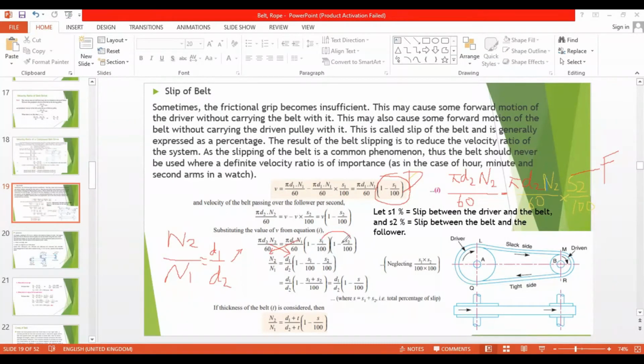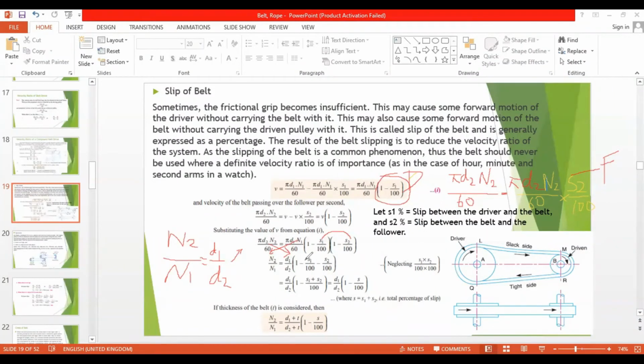Why? If the slip is 2%, replacing S1 and S2 with 2, 2 into 2 is 4, and 100 into 100 is 10,000. So 4/10,000 is 0.0004, which is very small, so we are neglecting this term. Even if you include it, it won't make any big difference.